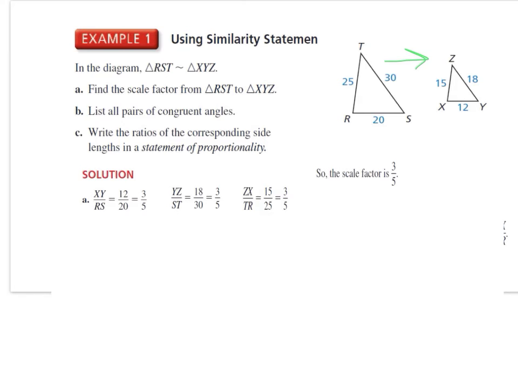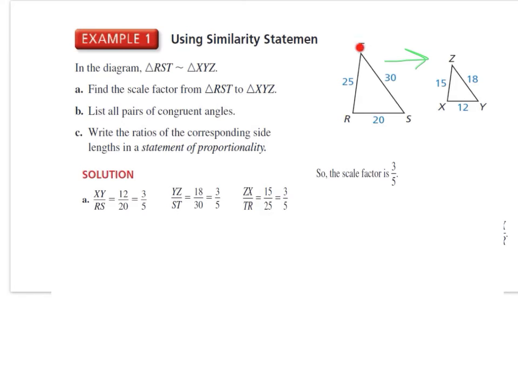You can also look at, if you're not given a similarity statement like this one, you can always look at your picture. And we've learned about looking at side lengths and telling which angles are the smallest and which angles are the largest. So for this bigger triangle, RST, the smallest angle is opposite of the shortest side.